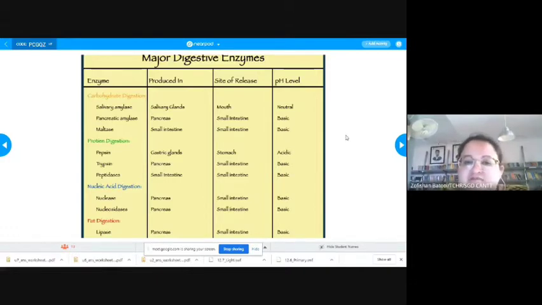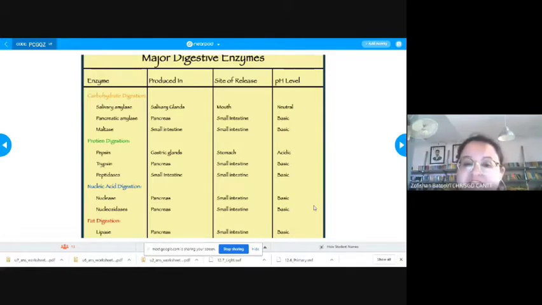If a word ends in ase, it means it's an enzyme. Proteins are digested by two types of protease enzymes: one is pepsin and the other one is trypsin.